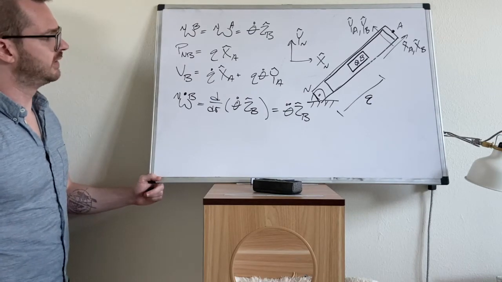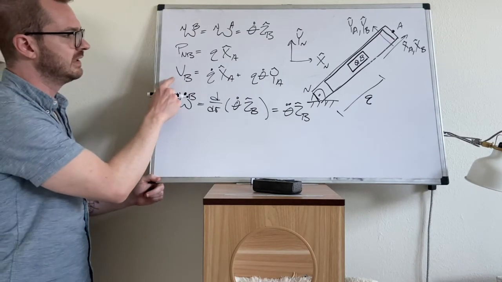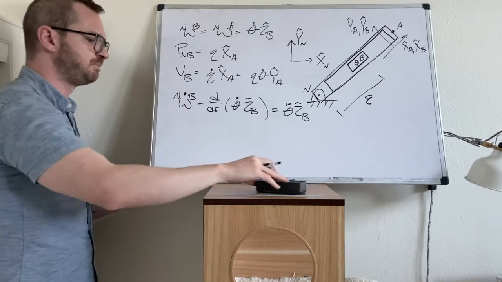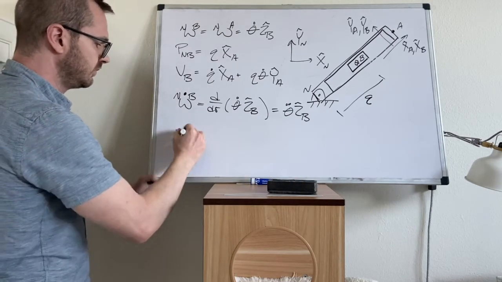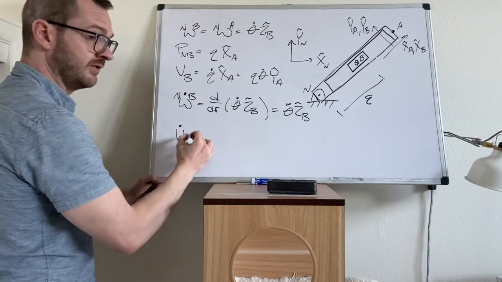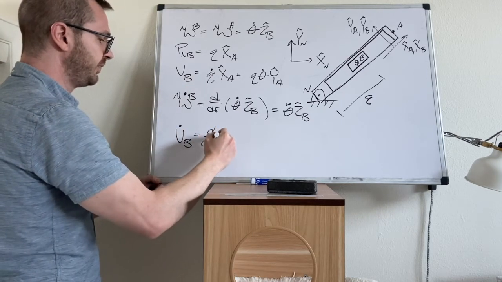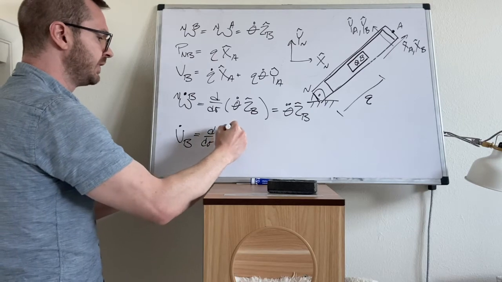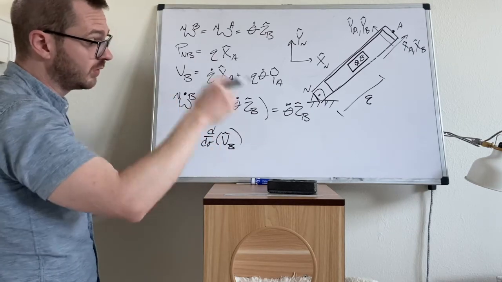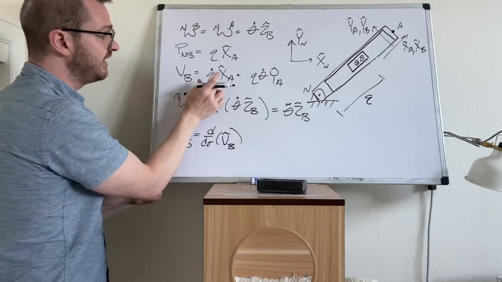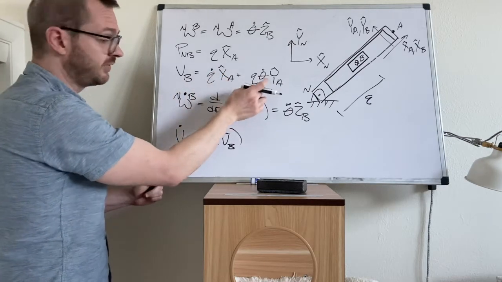Next, let's set up the linear acceleration of point B. So this is VB dot, this is of course ddt of VB. So what I'm going to do is I'm going to write it here with the ddt already distributed to these two terms.